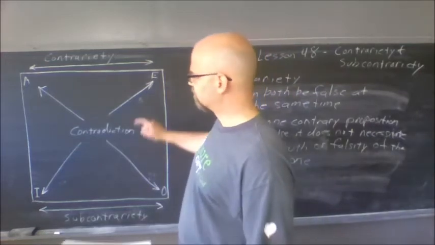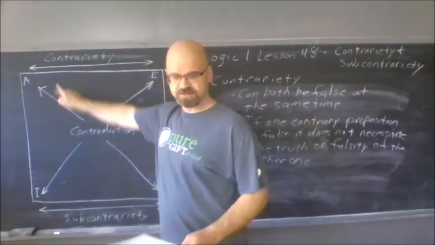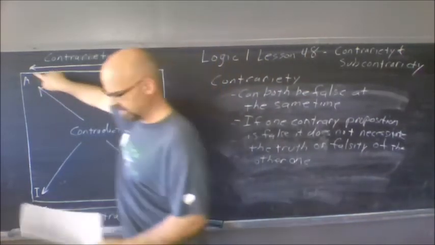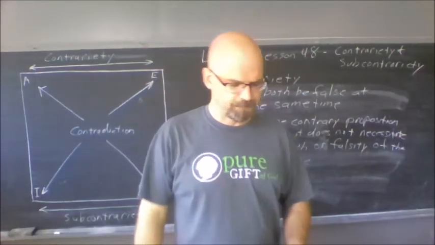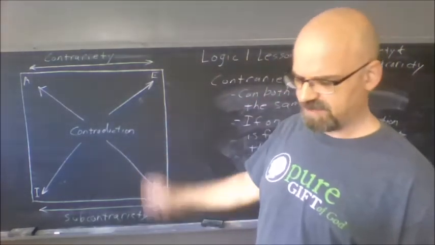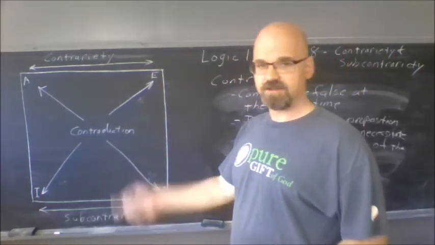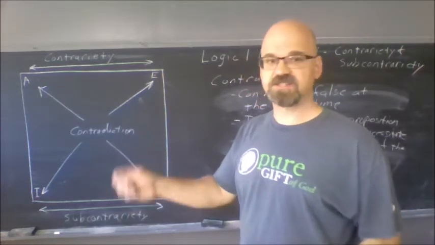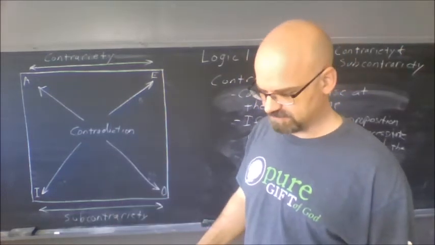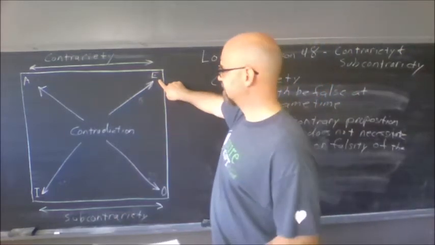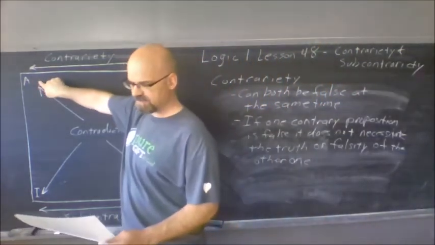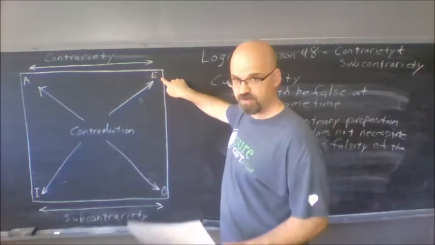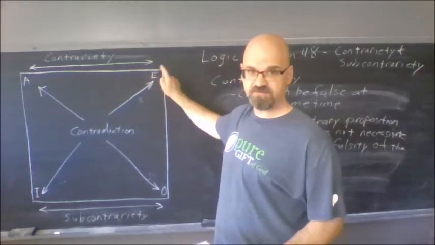All right? Contrariety is a little different. So again, that's from here to here. If I say all S is P, let's give an example. All boys are pigs. If this is a true contrary statement, an A statement, all boys are pigs, the E statement, no boys are pigs, must be false.